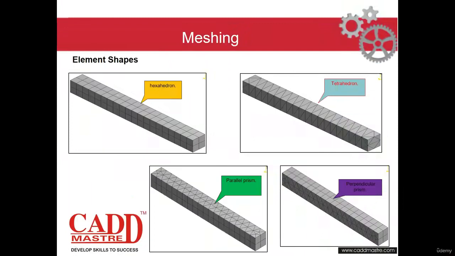Once we perform the meshing on the geometry, we get different element shapes. A hexahedron element looks like this, then tetrahedron, then parallel prism, and then perpendicular prism.